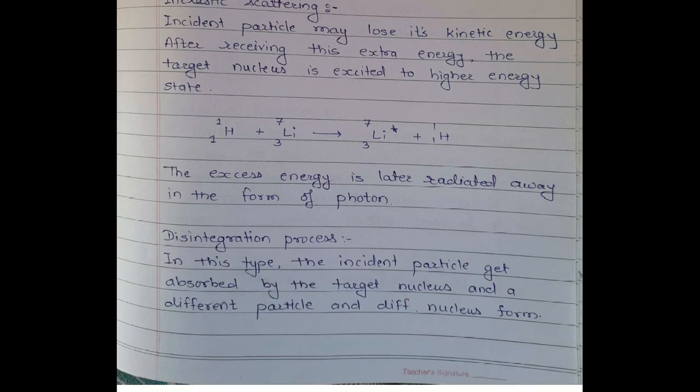Now what will we say if the target nucleus and product nucleus are different? In these types of reactions, the incident particle gets absorbed by the target nucleus, and some reaction takes place as a result of which we get a different product particle and a different product nucleus.